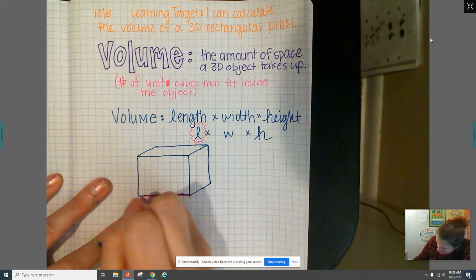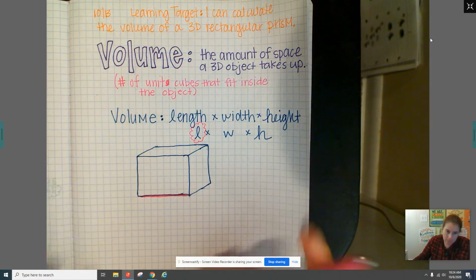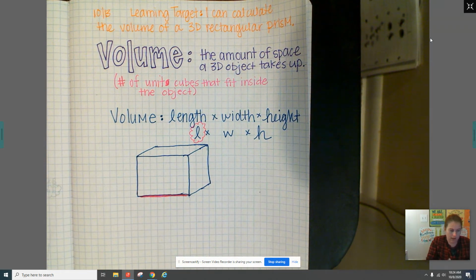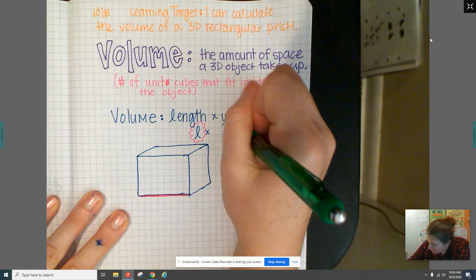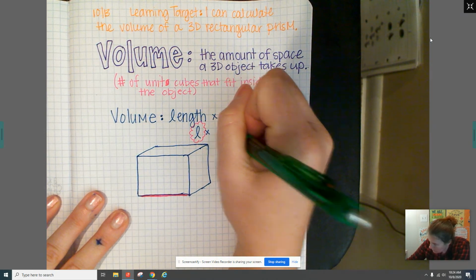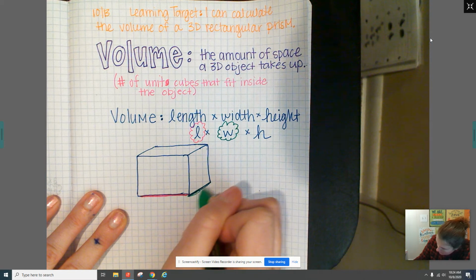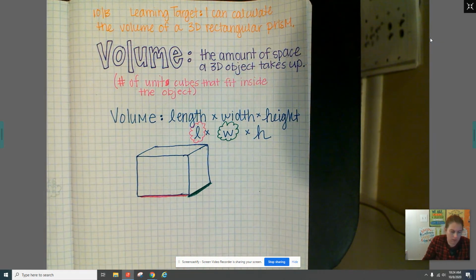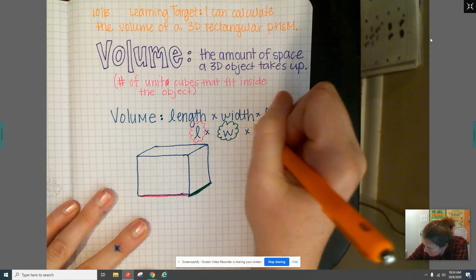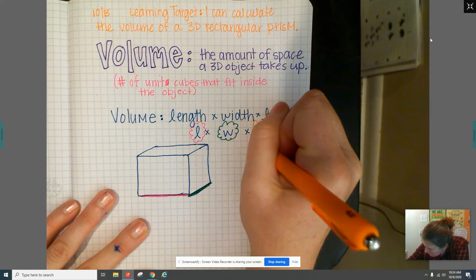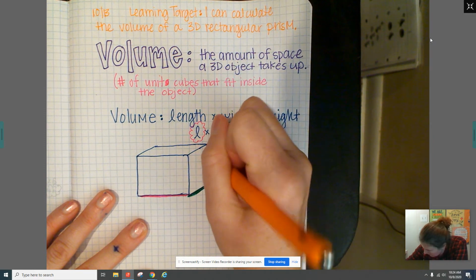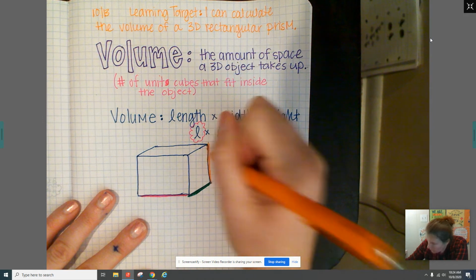So you're multiplying this number, and then width is how far back it goes. I'm gonna use green. Width would be this number right here. And then height, let's go with orange, is this number. So you just multiply them together.